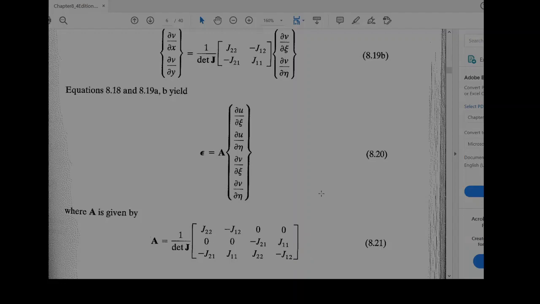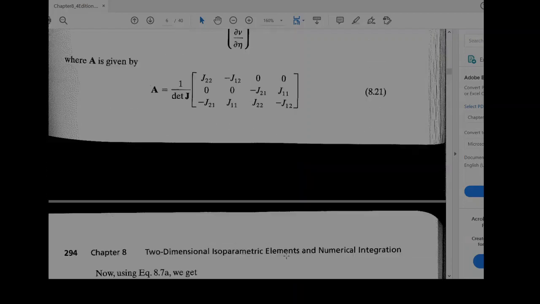Everything's hunky-dory. Because in this 4x1, these two terms are there at the bottom. So this is why it's the last two columns that we see here. Because this third index will multiply with the third column, and this fourth component will multiply with the fourth column. Beautiful. Now we see where the A comes from.